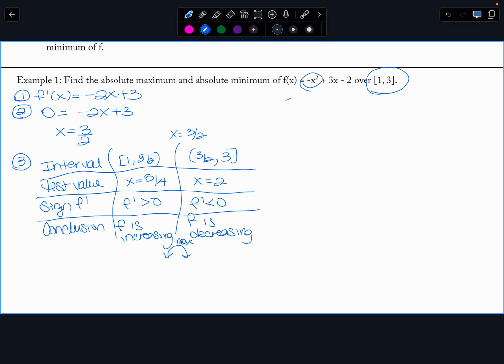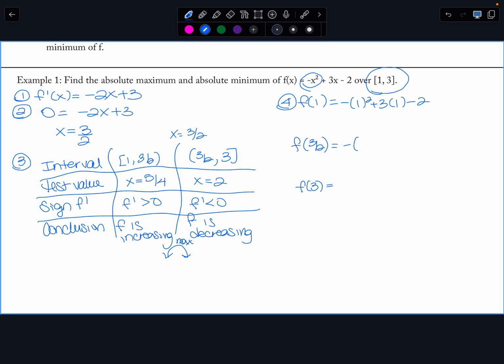So my fourth step is to find f of each endpoint. So f of 1 and also f of 3. And then in the middle, I want f of 3/2. You can do this a couple of ways. I can plug my x values into my equation and solve. So negative of 1 squared plus 3 times 1 minus 2.